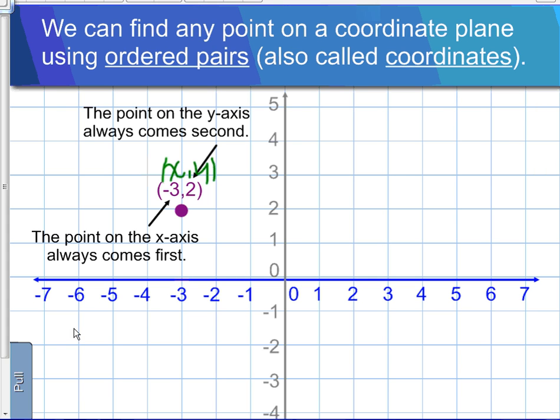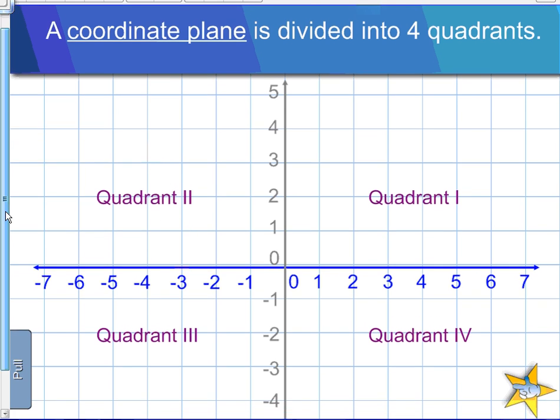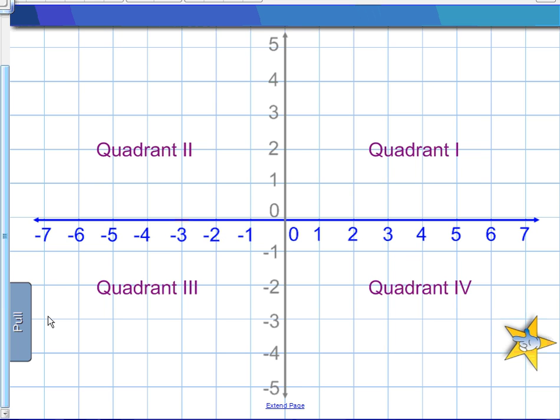Also, a coordinate plane is split up into 4 different sections. In this case, we call them quadrants. The quadrants are numbered specifically. Quadrant 1 is this quadrant right here.